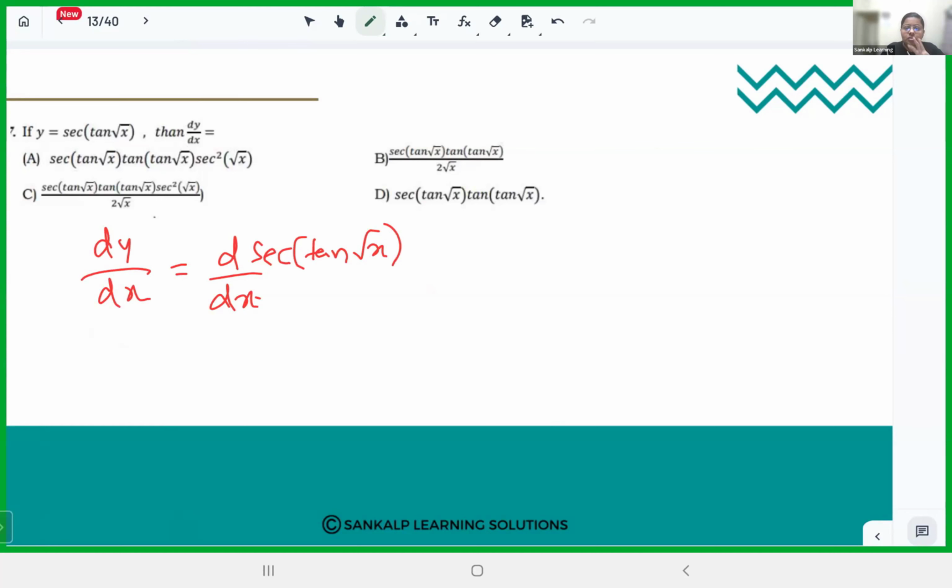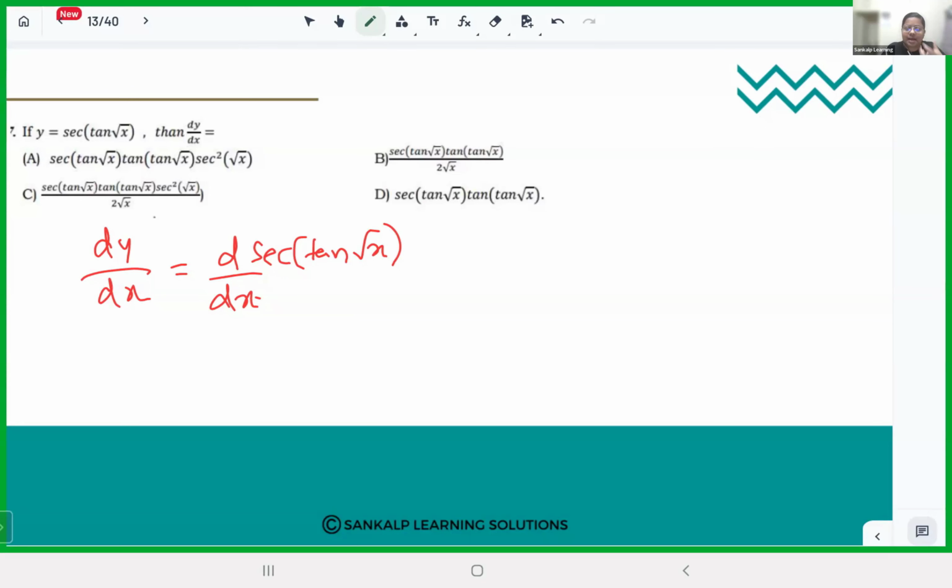Which means this is a combination of three functions. Which are those functions? Sec x, tan x, and root x. So these are the compositions of three functions. All right. So the base function we have identified, it is sec x. But in the place of x, there is a composition of two functions, right? So you find the derivative of sec x.